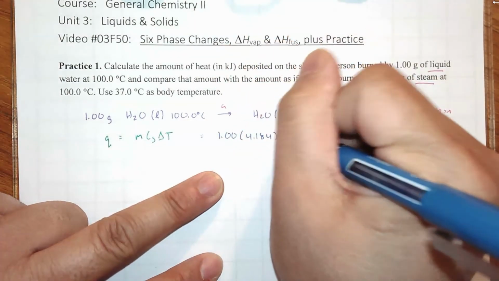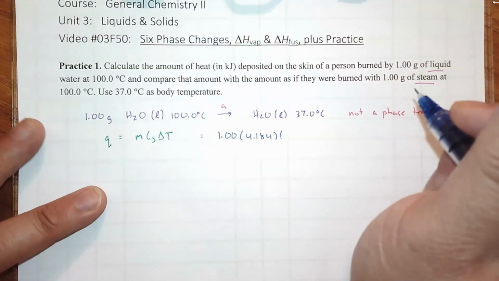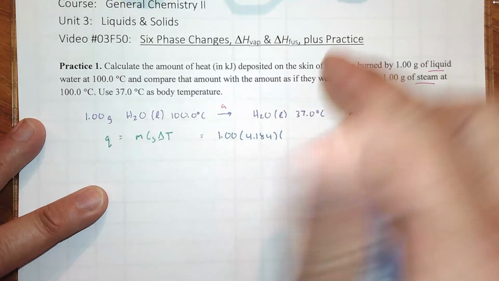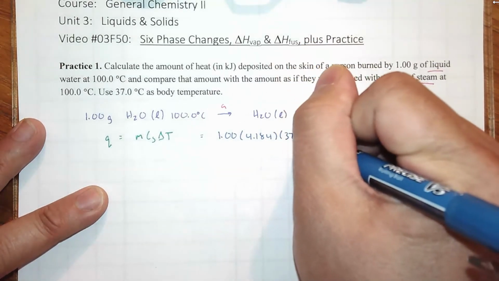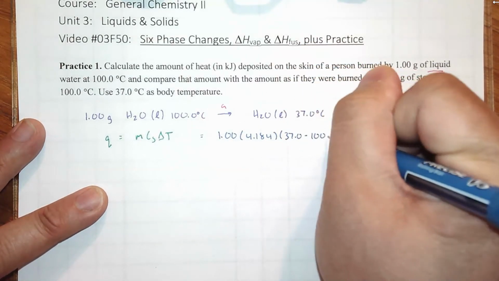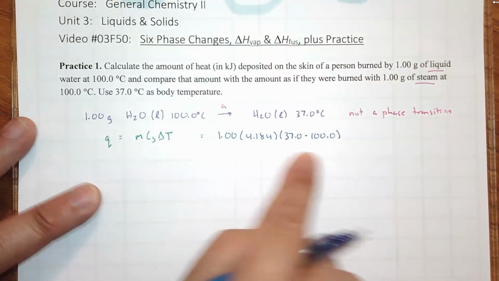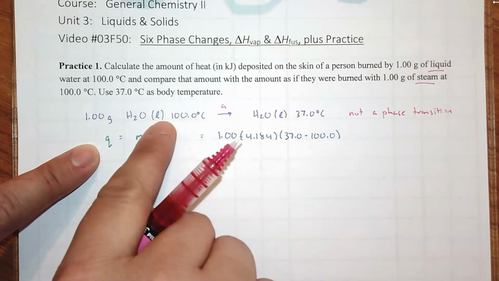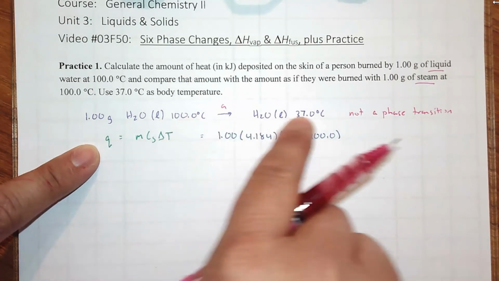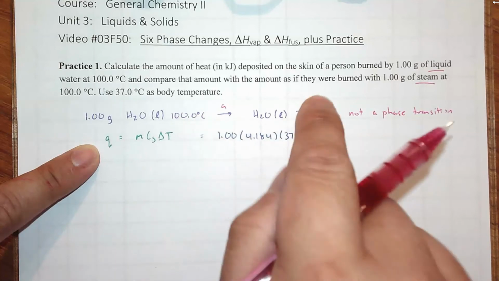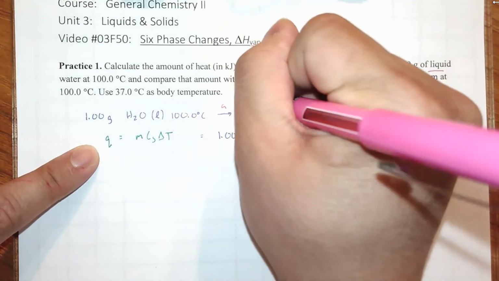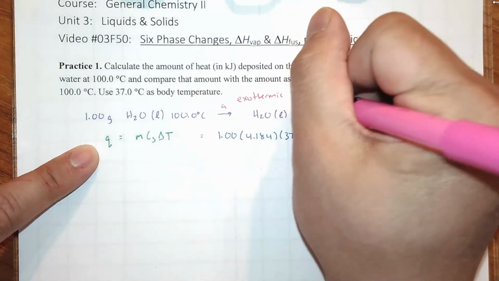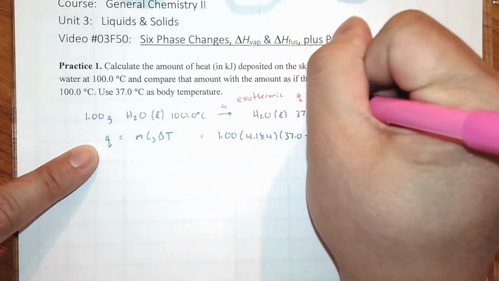So this is interesting. Delta T is always final minus initial. Final is lower, 37.0 minus 100. What that means is that this term is going to be negative. Well, that makes sense. A negative Q, this is losing heat. It's giving away heat to the body. So this is exothermic. We expect the delta H of this to be negative. We expect the Q to be negative.